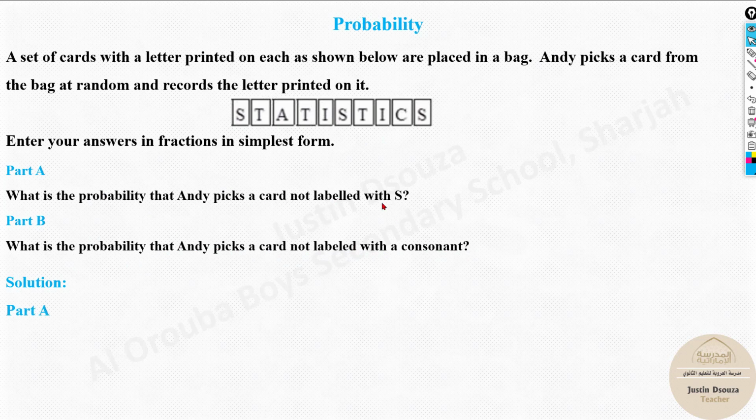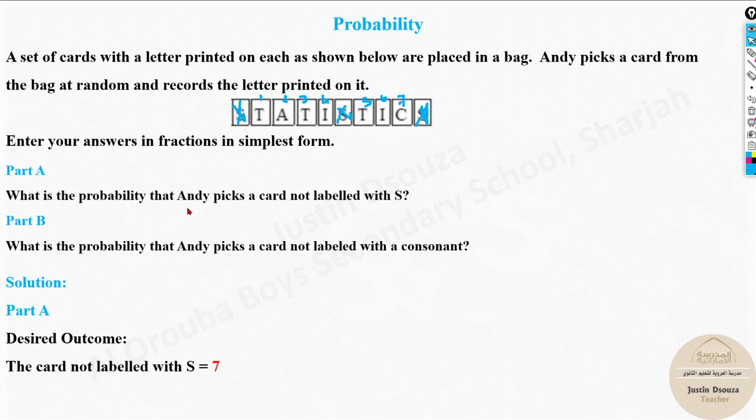First one, not labeled with S. Don't be confused when it's not something. See where all the S's are, over here and over here. Leave them, they are S, and count all the others. So it's 1, 2, 3, 4, 5, 6, 7.